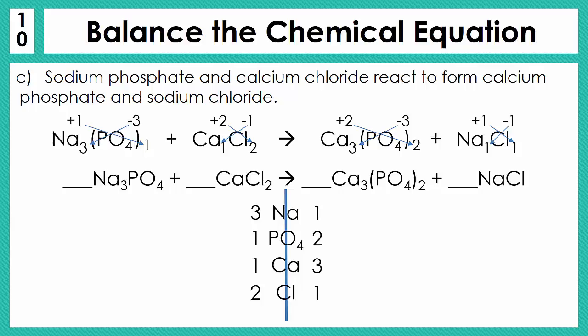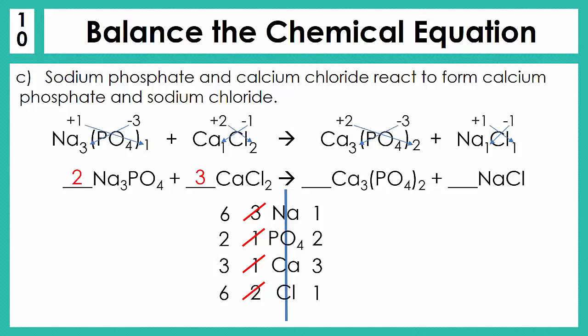So we can pick any of these to start with. Why don't we start with calcium chloride? So I put a 3 in front, and that gives me 3 calciums, but it also changes the number of chlorides to 6. So next I'm going to work on my sodium here and fix my phosphate as well. So if I put a 2 there, that's going to give me 6 sodiums and 2 phosphates.